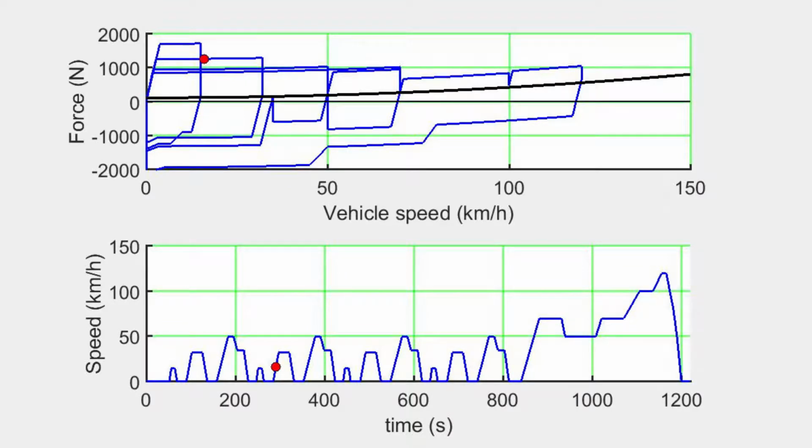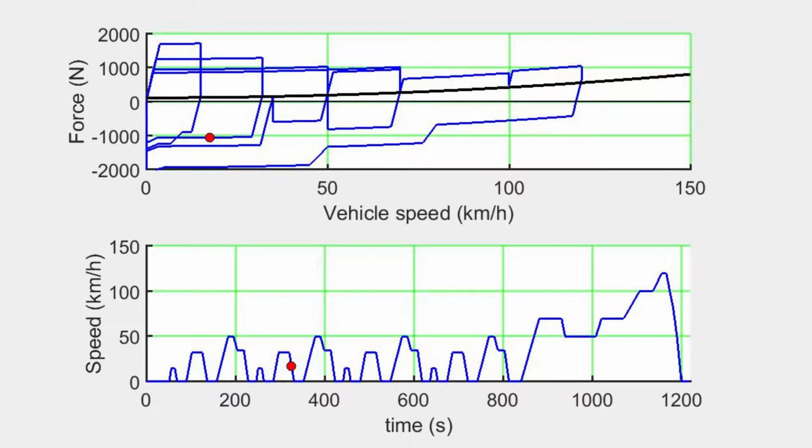Whenever the vehicle is accelerating, the operating point is above the running resistance curve, and when it's decelerating, it's below. This means that the operating point cannot move in any direction in the diagram. In the upper part, it always moves to the right, and in the lower part, always to the left.